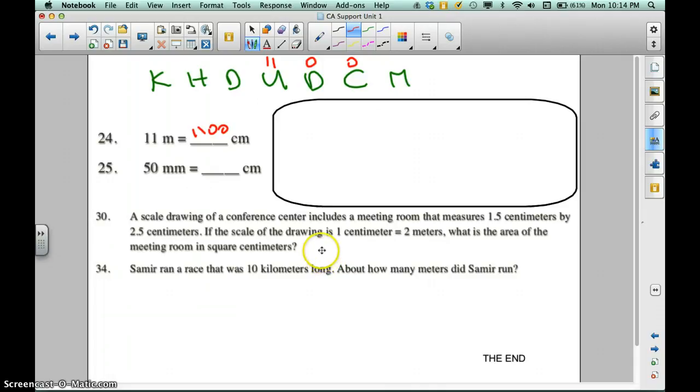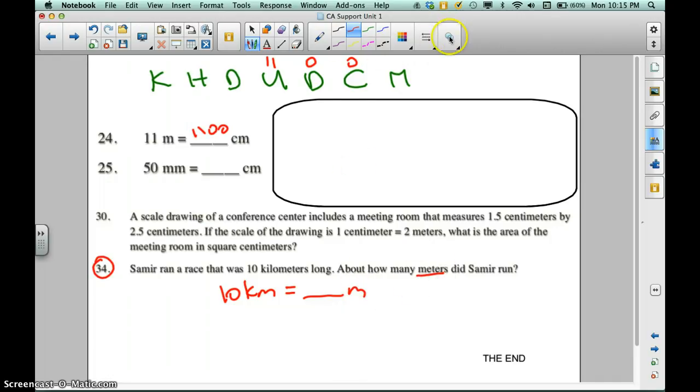The last one that we're going to do together is number 34, the bottom one on this page. Samir ran a race that was 10 kilometers long. About how many meters did Samir run? So I'm looking for 10 kilometers, and when there's a word problem, you should put it into something simple that you've seen, just like these ones in numbers 24 and 25. 10 kilometers equals how many, and they're asking me for meters.